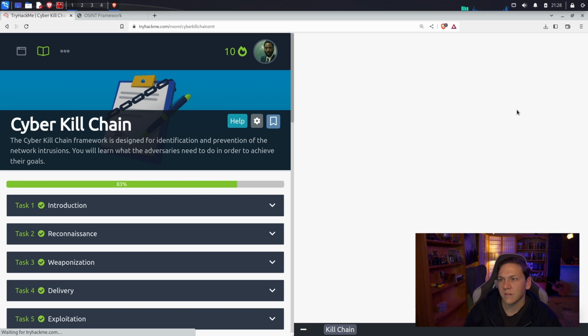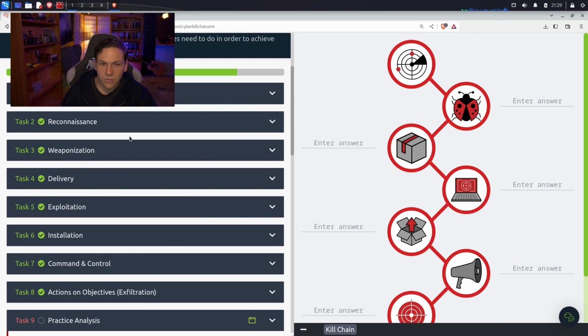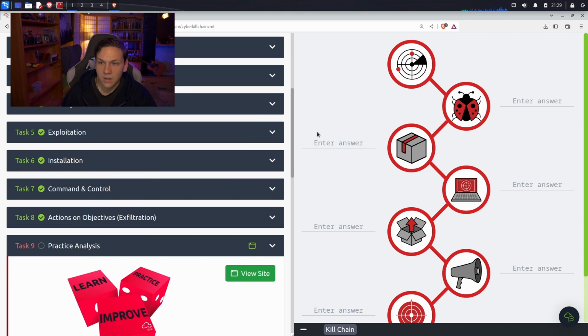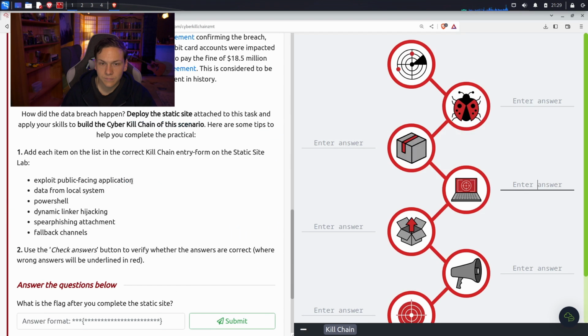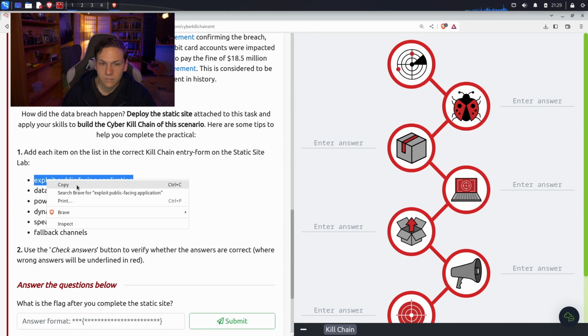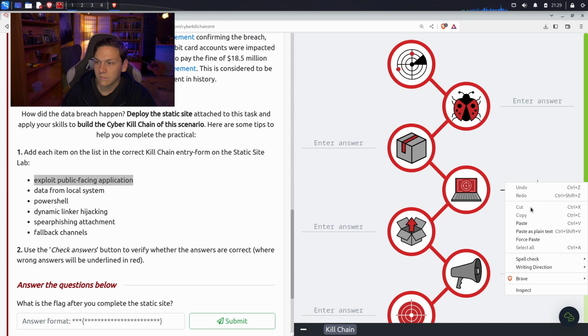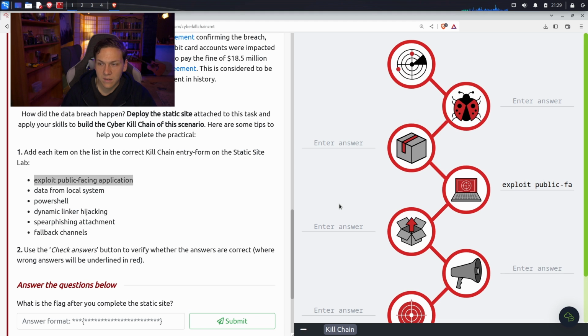Alright, let's do this. Hopefully we'll be better than the pyramid. So we've got reconnaissance, weaponization, delivery, installation, command and control, exploitation. The delivery, exploitation, so this would be public facing data.